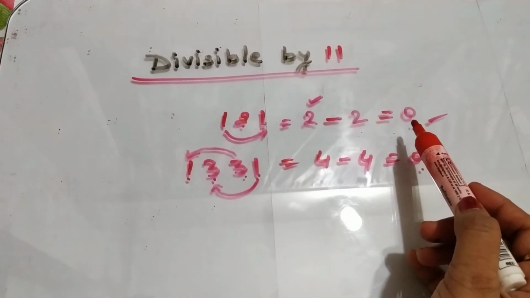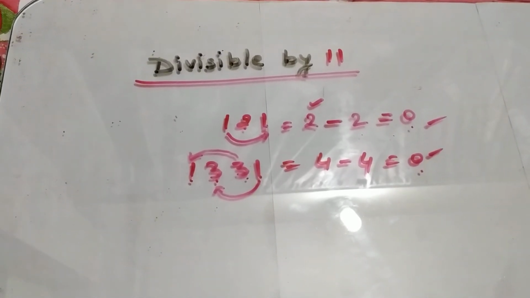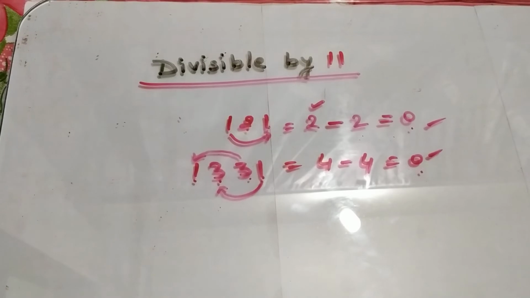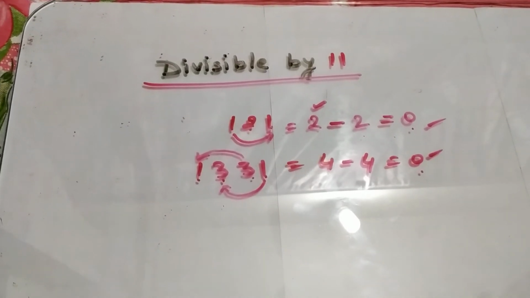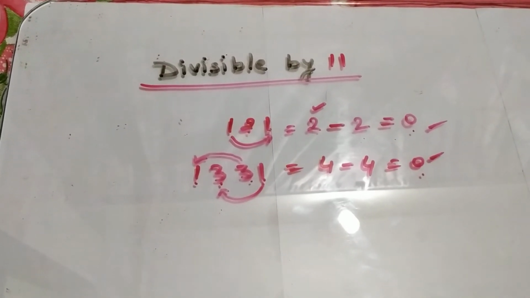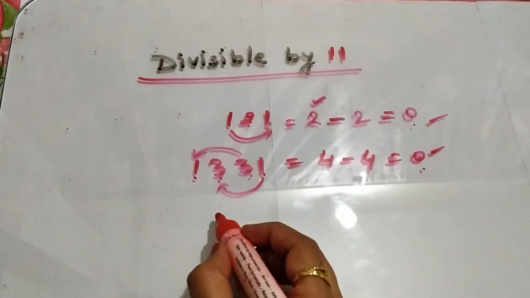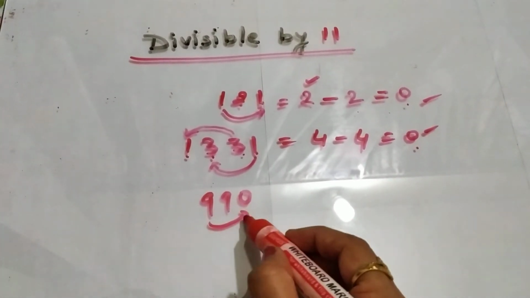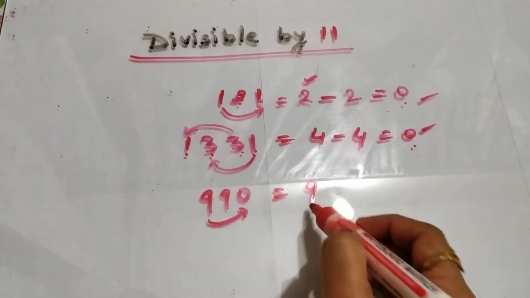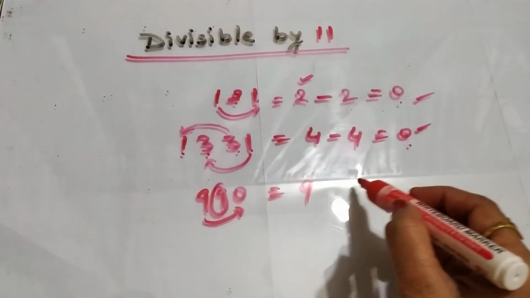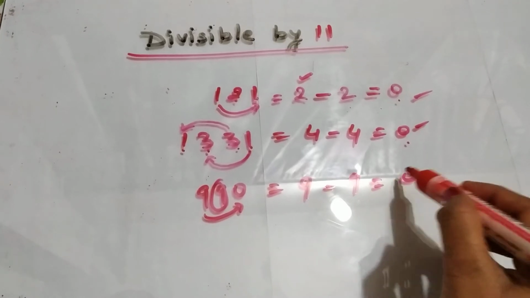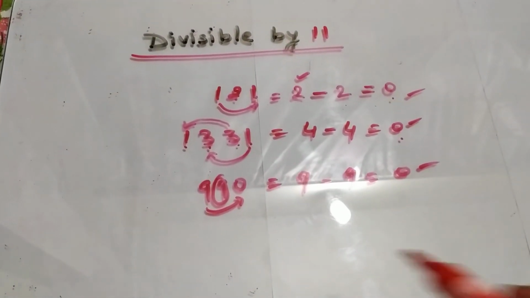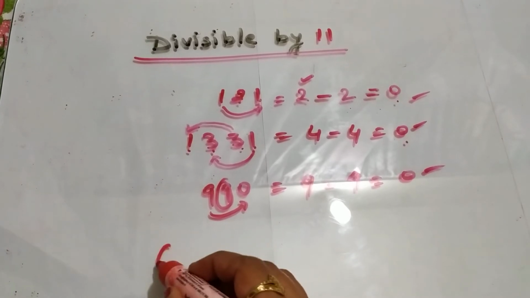If the difference of the sums of even and odd places is divisible by 11, then the number is divisible by 11. We take one more example. The sum of odd places is 9 plus 0, 9, and this is 9 only. 9 minus 9 is 0. So yes, the number is divisible by 11. Now we are taking one more example.